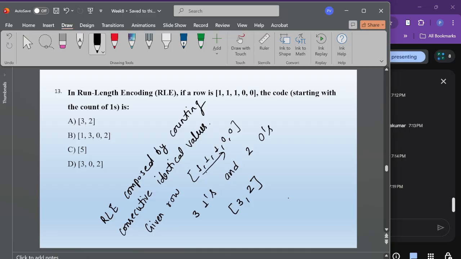Because we count how many consecutive ones and zeros there are. If some other numbers come after that, like 1, 0, then we will count them again. We need to count the consecutive identical values. So the resulting answer is 3, 2. So option A is the correct answer for this question.